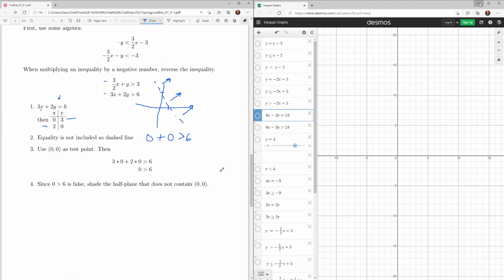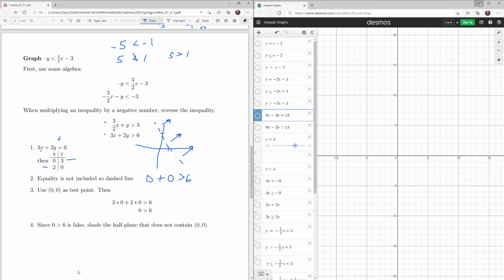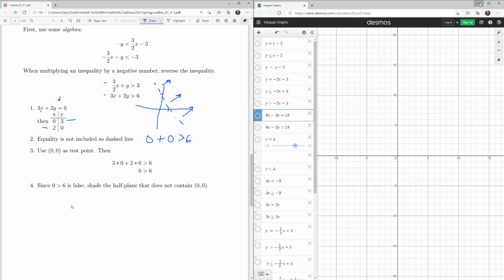So let's say we have a line that goes through our origin. Let's say our inequality is 2x is greater than y, as an example. This would change to 2x minus y is greater than 0.